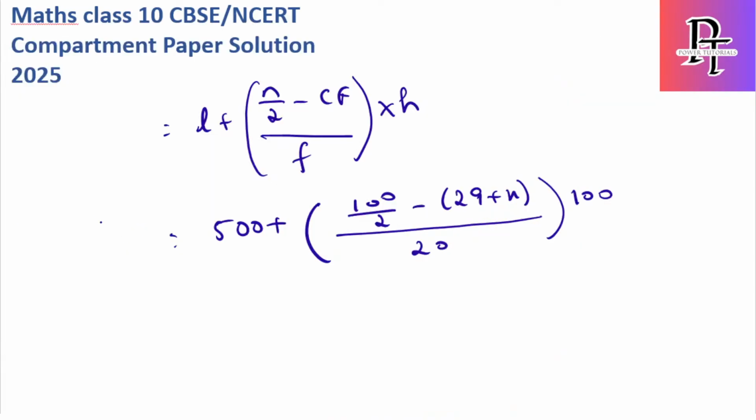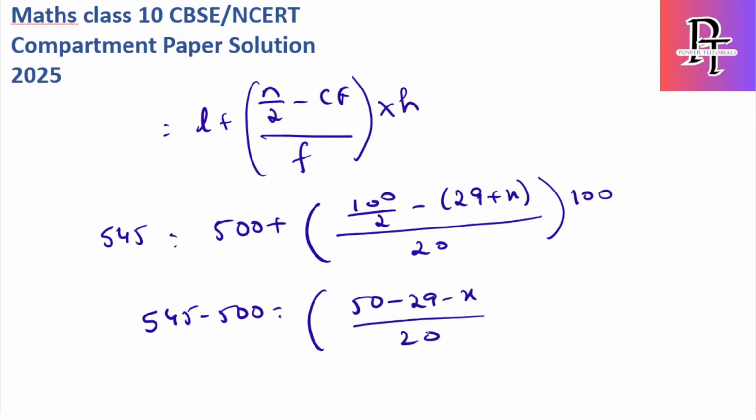Okay, so this value, how much have they provided? 545 is the median. So 545 is equal to 500 plus this. So move 500 to the other side, it becomes 545 minus 500 is equal to 50 minus 29 minus x, by 20, into 100. 0 0 cancel, 2 fives are 10. 545 minus 500 is 45. 45 is equal to 5 into 50 minus 29 is 21 minus x. 5 nines are 45.